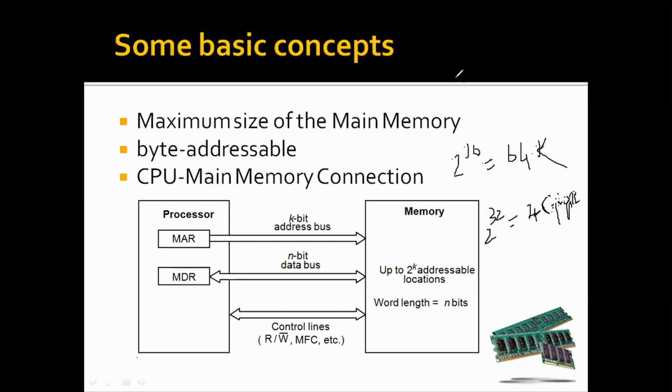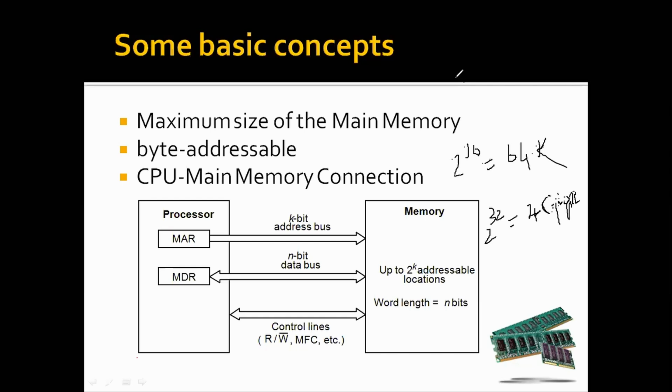Next to this, you can find the control lines, where you will have read or write mode. In read mode, it is not permitted to write anything into the memory, whereas in write mode you have to write the content into the memory. In the other case, it has to pull it from the memory to the processor.